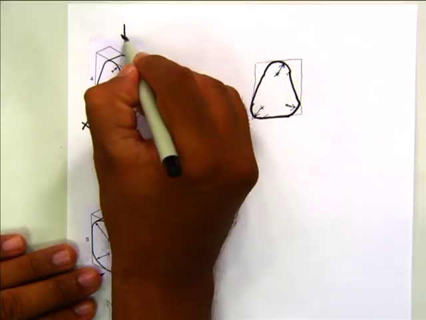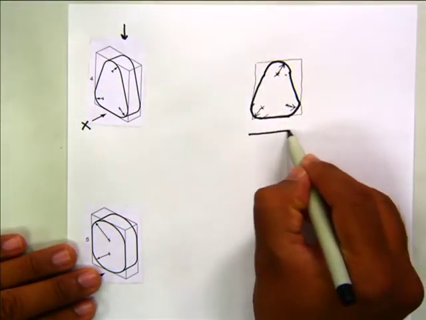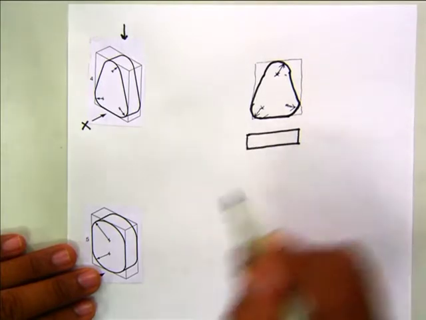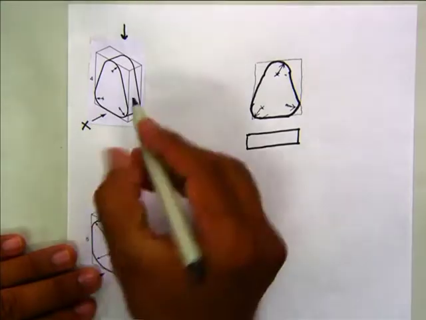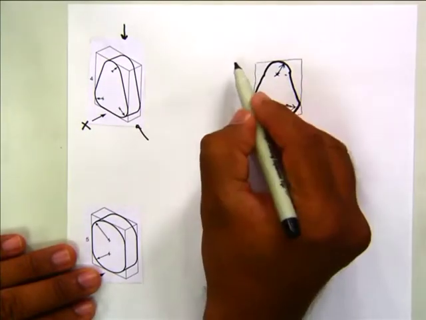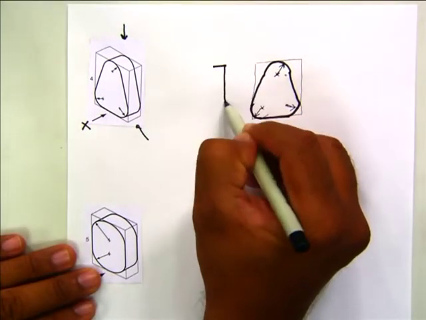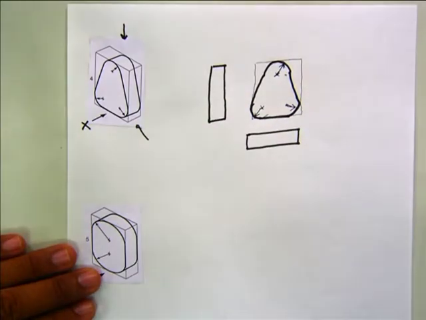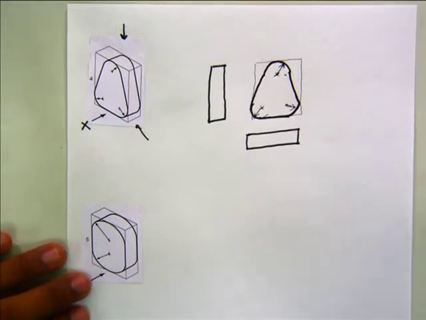When you are viewing from the top, still it is a rectangle as we have seen in the first figure, and when you are viewing from the side, still you can have the rectangle as we have seen in the first figure.